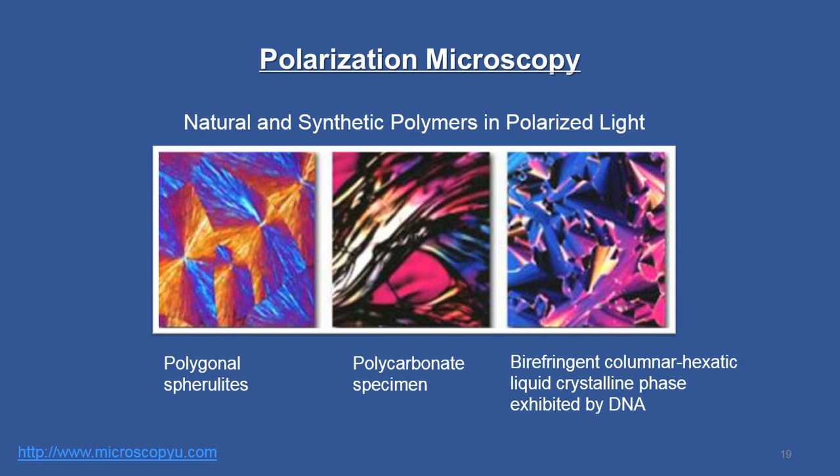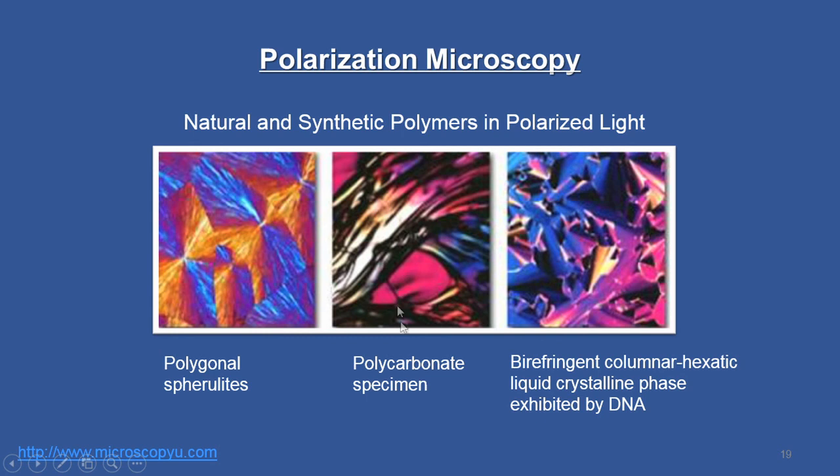Polarization microscopy. Look at this slide, with very interesting microstructures taken again from microscopyu.com. What you are now seeing are microstructures of natural and synthetic polymeric materials observed under polarized light. Here you see polygonal spherulites, each one a single-entity spherulite.